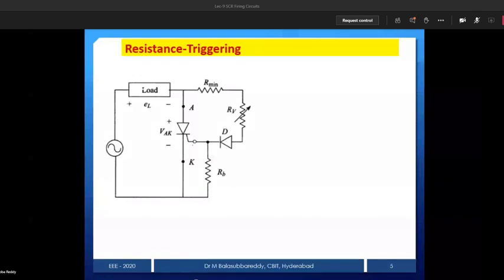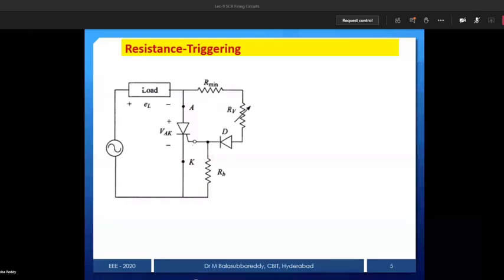Now in this case, I am going to explain how current is passing through the gate terminal. It is very simple logic. Whenever gate current reaches Ig minimum, the SCR is automatically triggered. The instant at which gate current reaches Ig minimum, we call the firing angle instant.